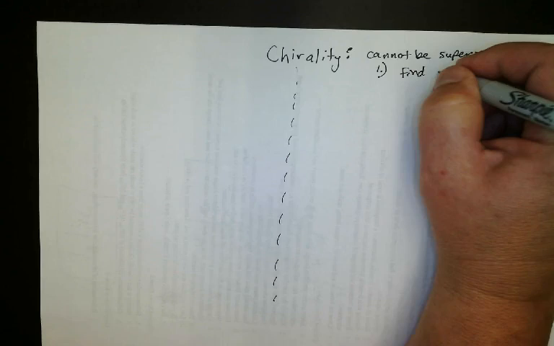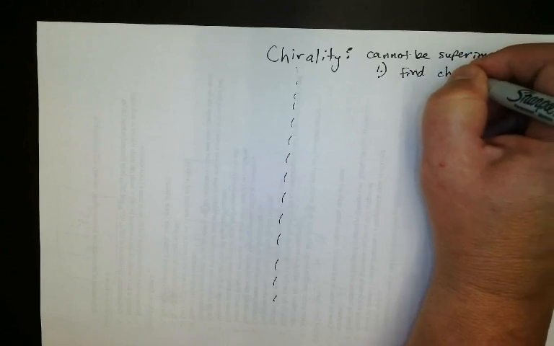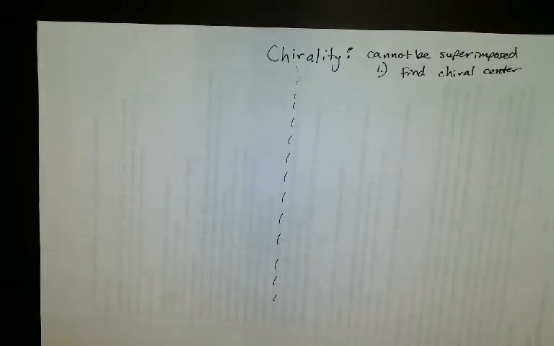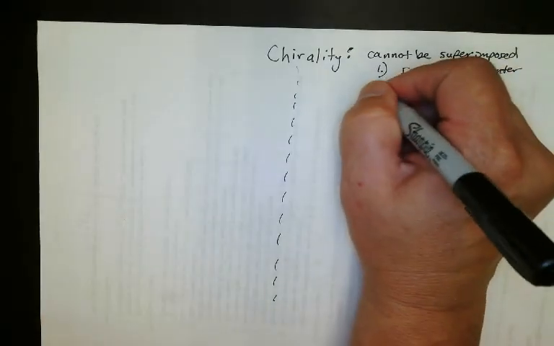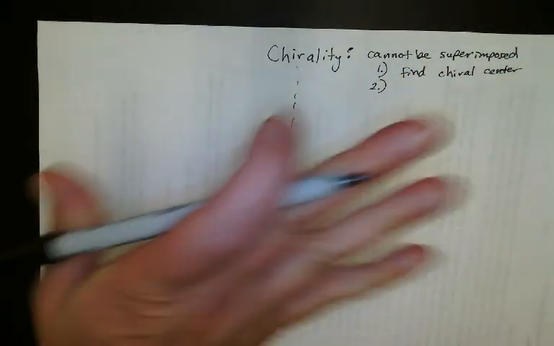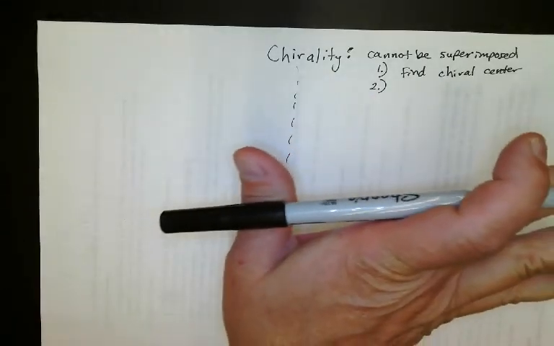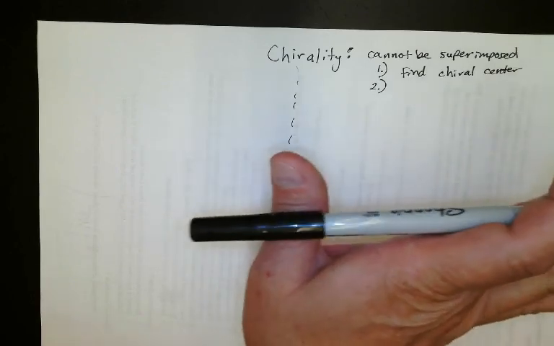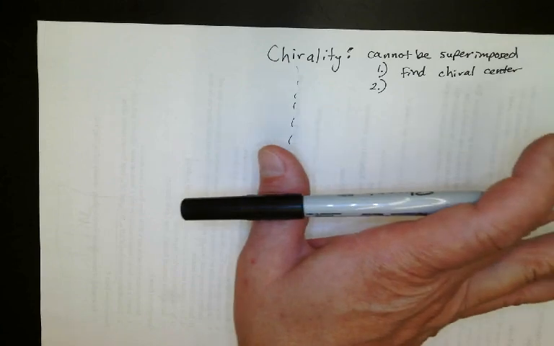So that is the center that you're rotating on. And after you find your chiral center, the next thing you need to do is find all your planes of symmetry. So usually there's a possible horizontal plane of symmetry.